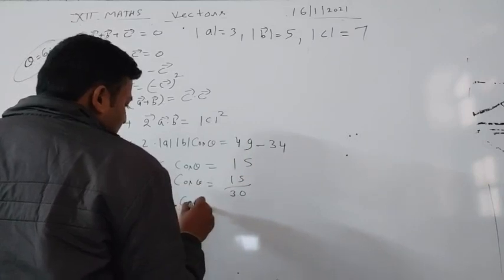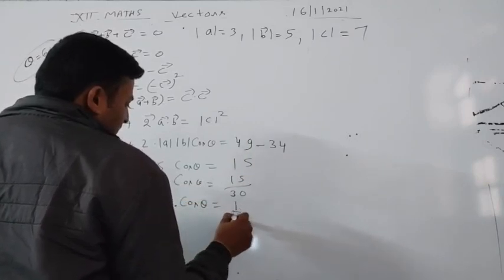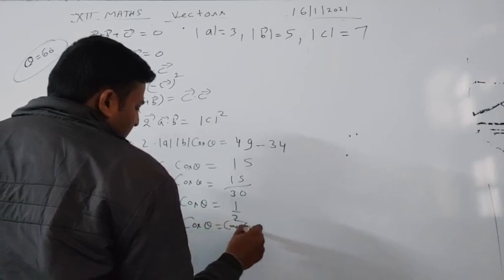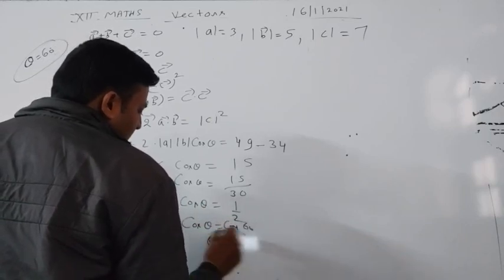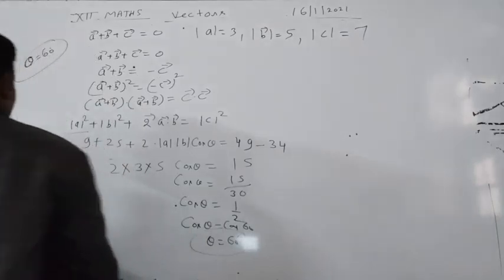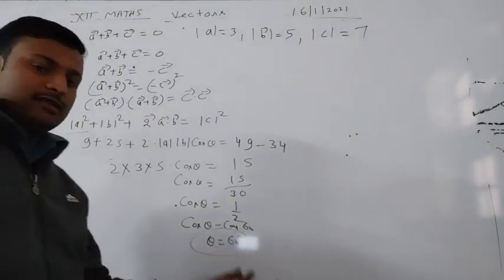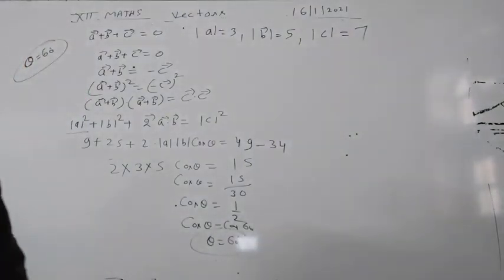So cos theta will be equal to 1 by 2, and you know this is the value of cos 60. So our theta will be 60 degrees. So the angle between A and B will be 60 degrees. I hope you understand, students.